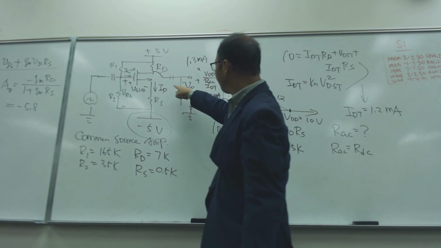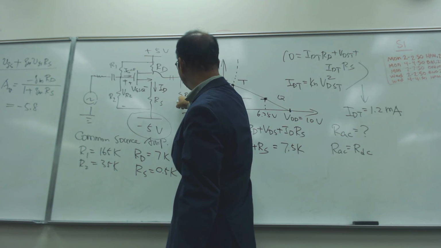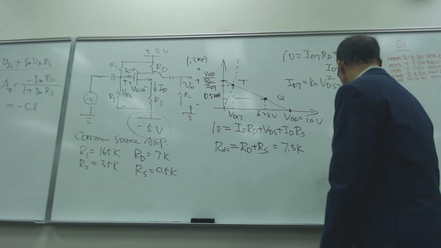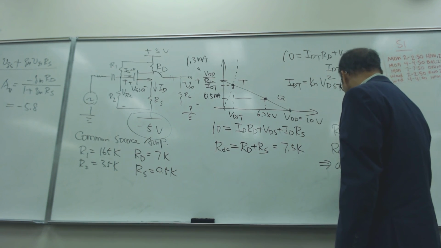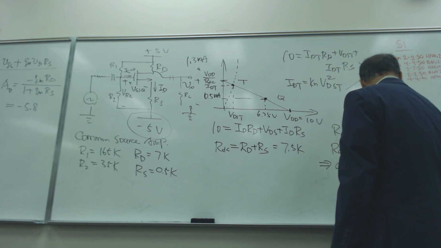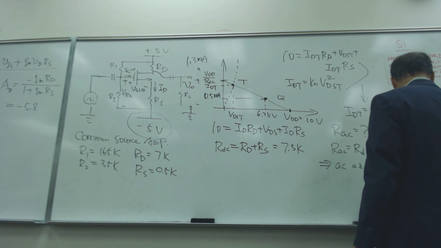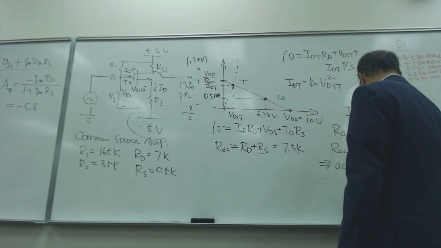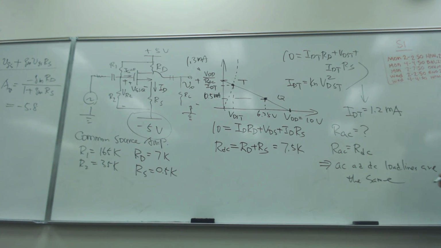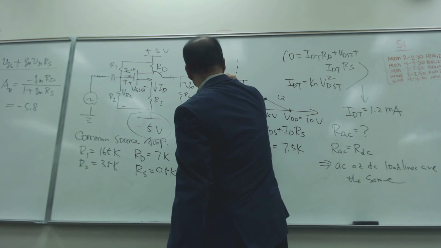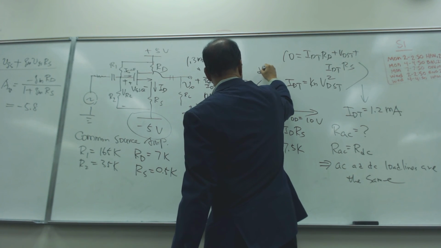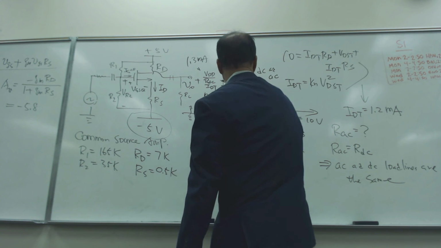Unless I have a capacitor, I have a resistor. Okay, so it's the same. So therefore, AC and DC load lines are the same. Okay, so if I just put it here, that's both DC and AC.